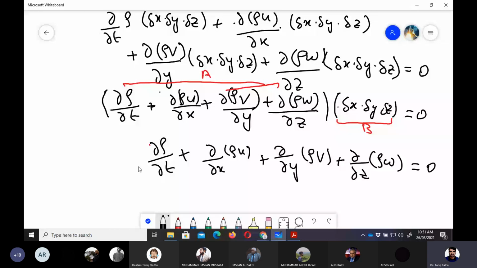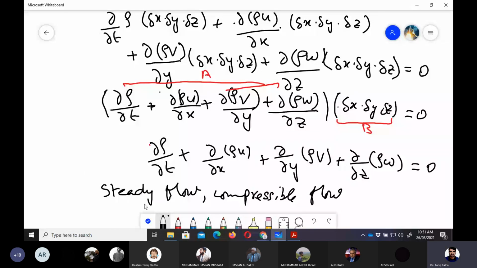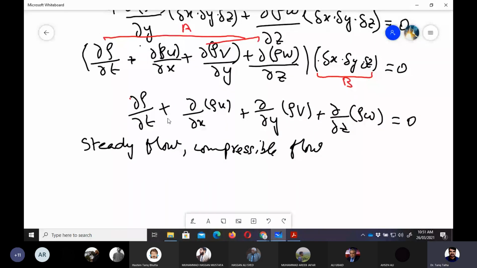Now, if the flow is steady, and compressible as well, then for the steady flow we know that the rate of change of rho with time would be equal to 0. First of all, let me write this equation in vector form.